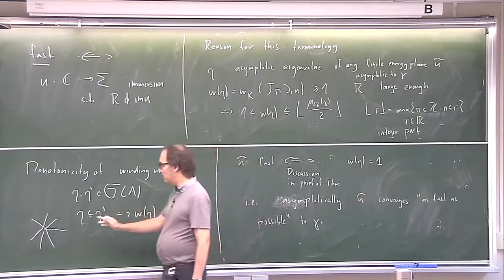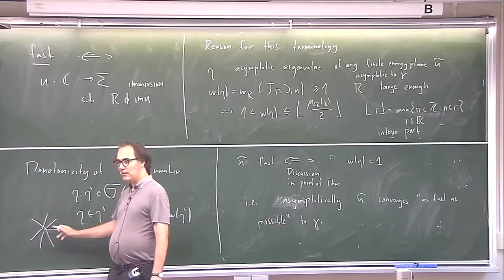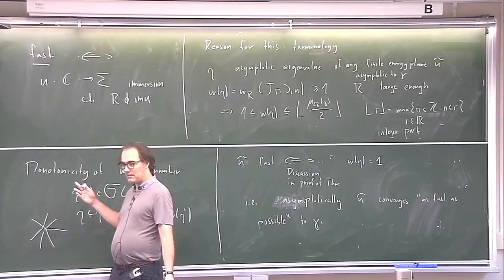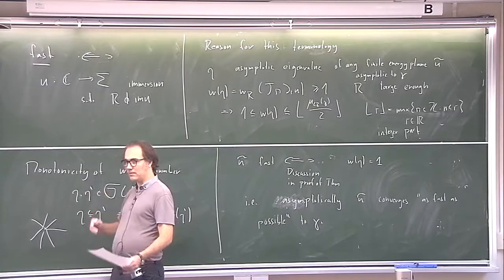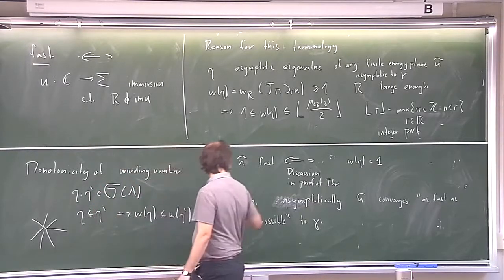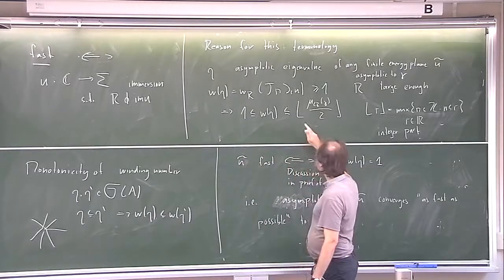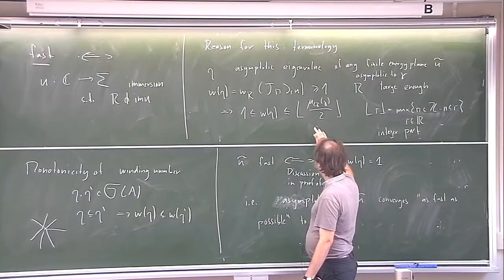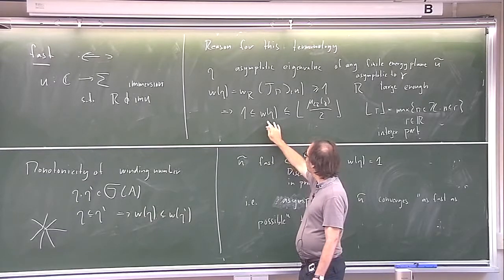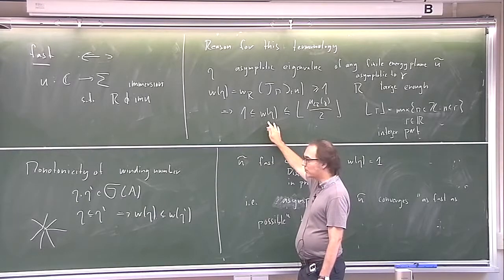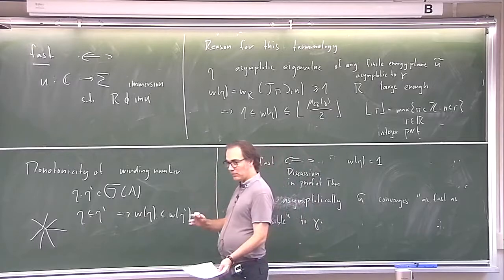all finite energy planes asymptotic to gamma, this might be a very big space. So now you look at the subspace just of the fast ones, which you can interpret as the ones which have this asymptotic winding number equal to 1, and this is a much smaller moduli space.